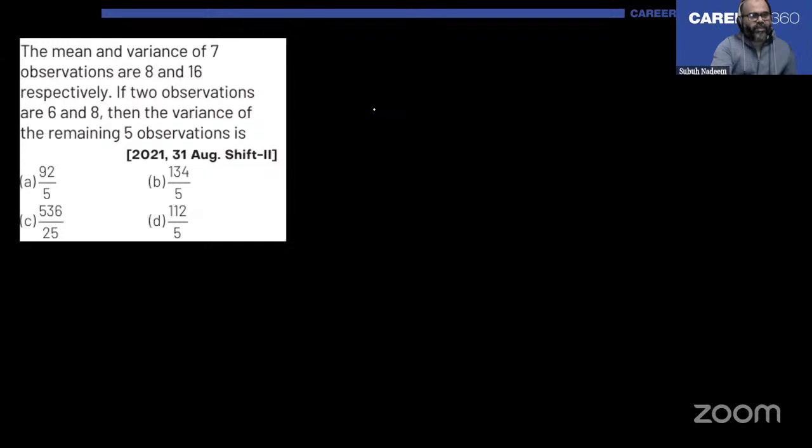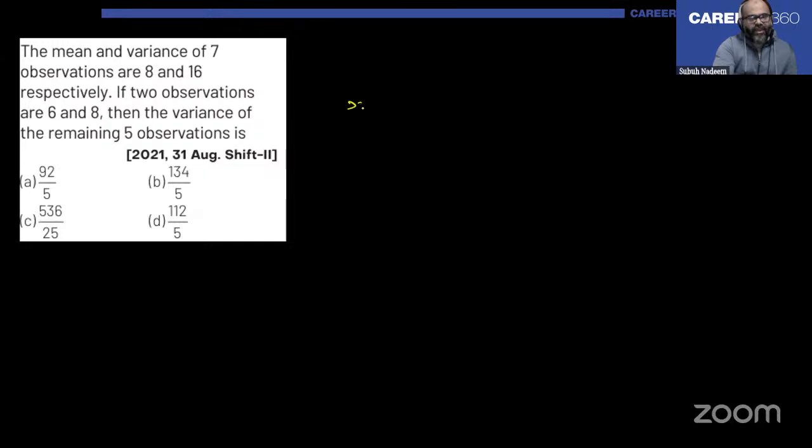If 2 observations are 6 and 8, then the variance of the remaining 5 observations is... So the mean and 2 observations are given to us, that is 6 and 8.